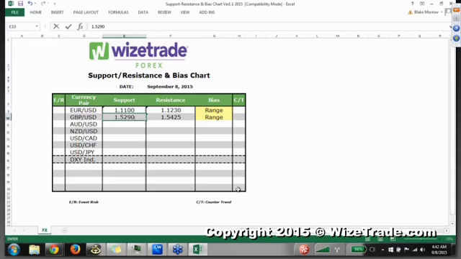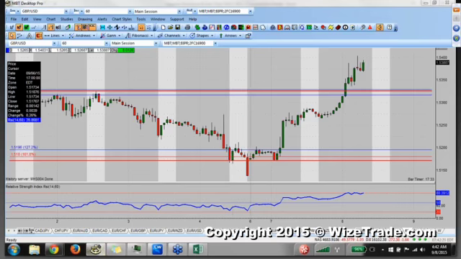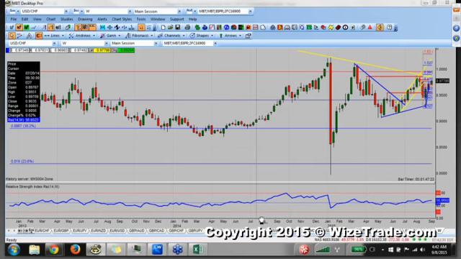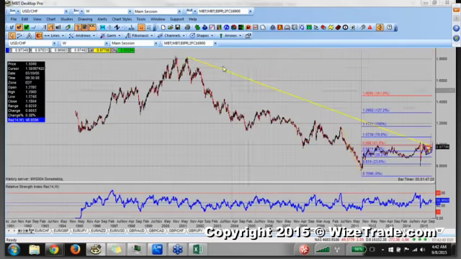All right, let's take a look at the Swissy. Now the Swissy has been absolutely out of control strong, and let's note this downsloping trend line that we've had marked up. It comes in basically where we're at right now at 98.